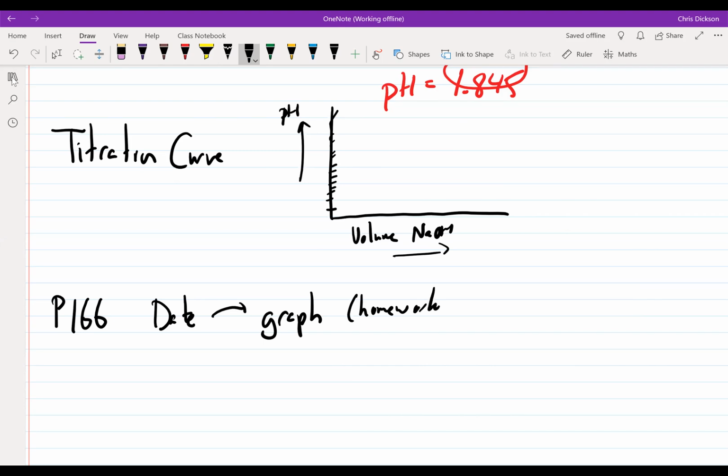So make sure you do look over that. And let's see if you can answer questions. Page 166, question number 124. And you're going to do 124A. And that's the graphing part I was talking about. Just kind of explain to you there.